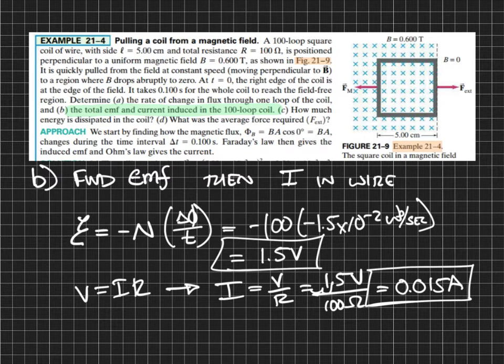So my B induced would point in that direction. I'm going to point my thumb into the page, wrap my fingers around, and I get that the current is going to flow, in this case, in a clockwise direction around my loop.